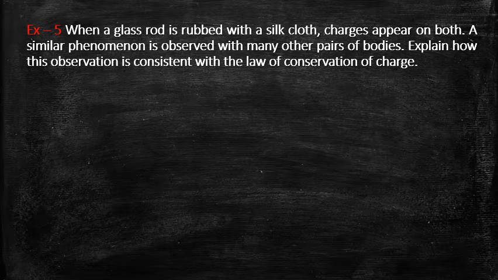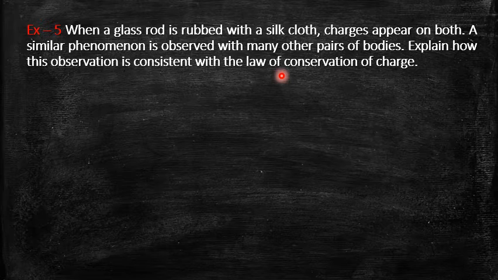Explain how this observation is consistent with the law of conservation of charge. Let me first focus on the law of conservation of charge. What does it say? It says that if your system is electrically isolated, meaning charges have no way to come in or get out of the system, then the overall amount of charge will remain constant.